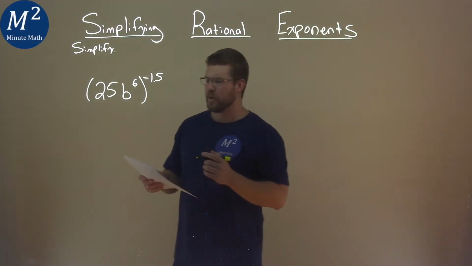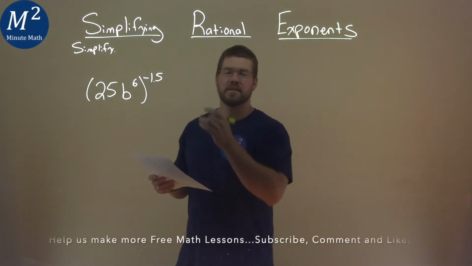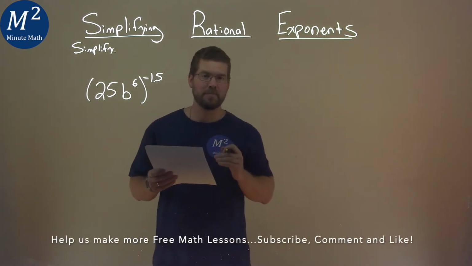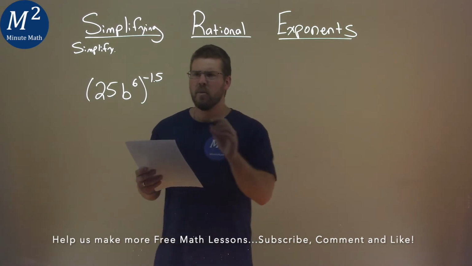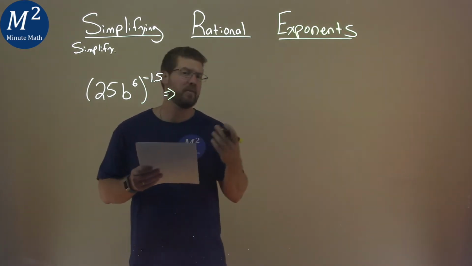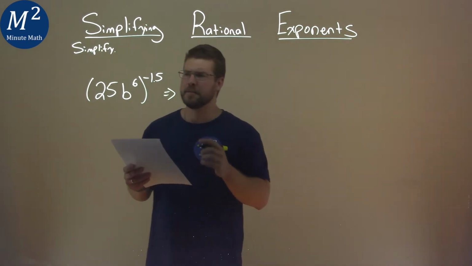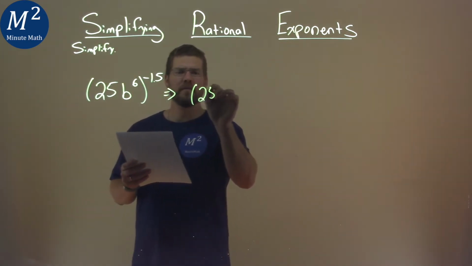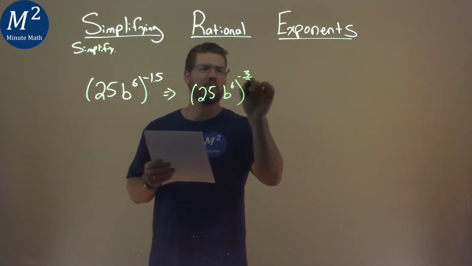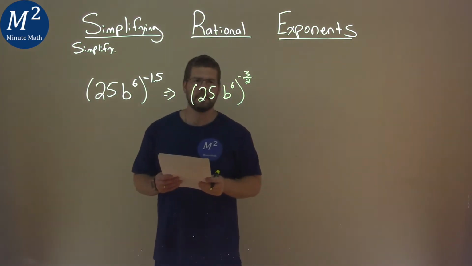We're given this problem right here, 25b to the 6th power, all to the negative 1.5 power, and we've got to simplify. Well, let's write this instead of a negative 1.5 power, but as a negative 3/2. I like dealing with fractions here. So we have 25b to the 6th, all to the negative 3/2 power here, okay?